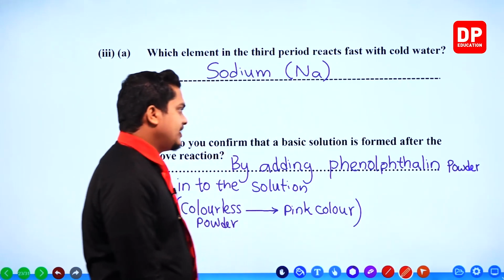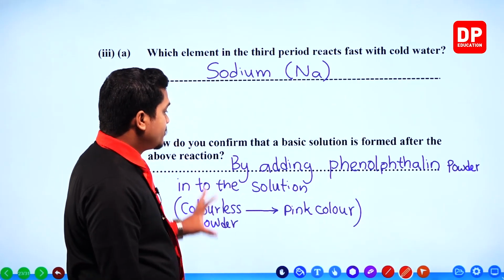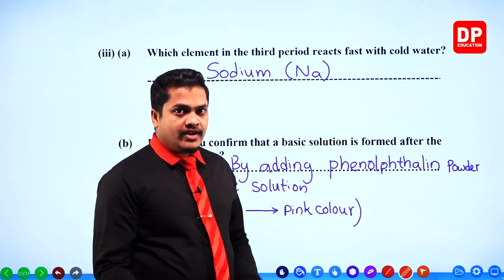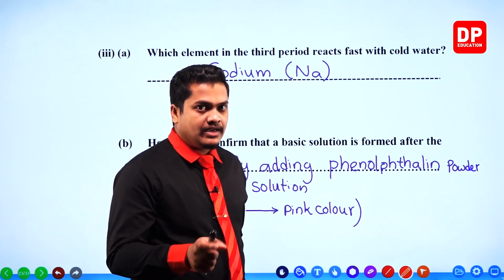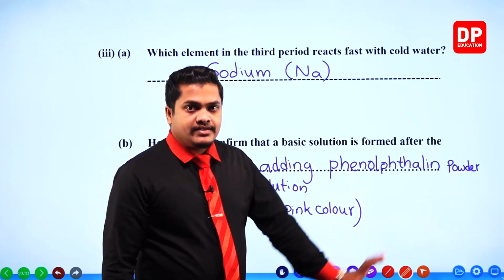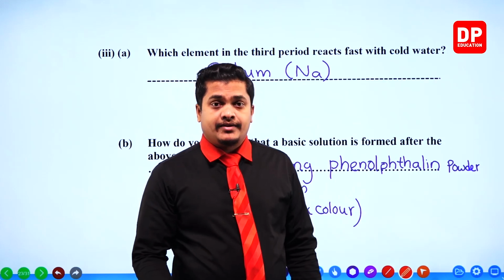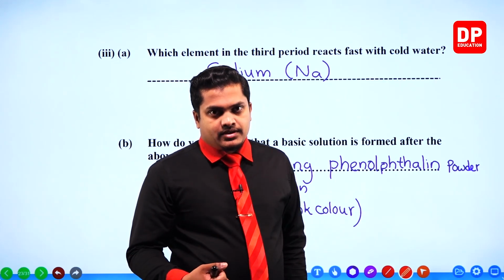So by adding phenolphthalein powder into the solution, we can clearly get the observation related to the basic solution, my dear children. Because you know that phenolphthalein gives a pink color from the colorless nature if there is a base. Or else, we can use red litmus, right?